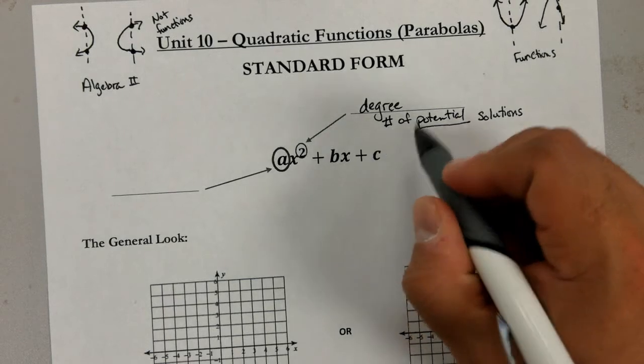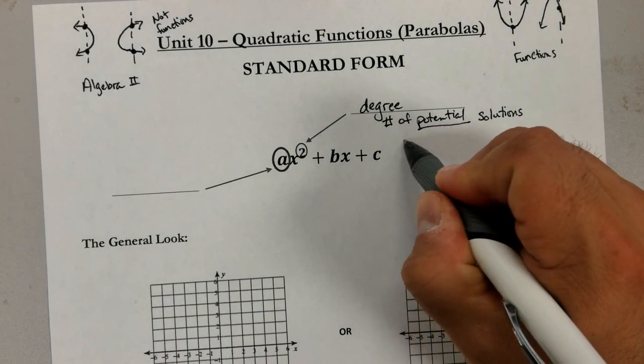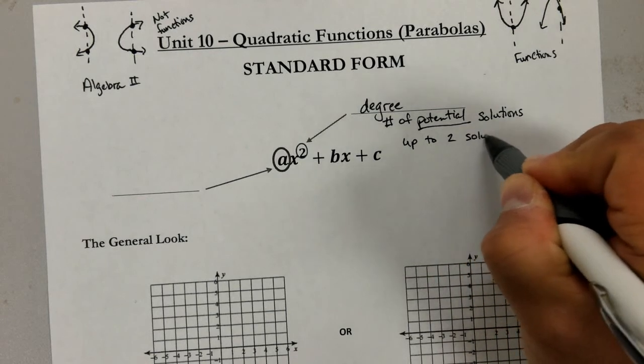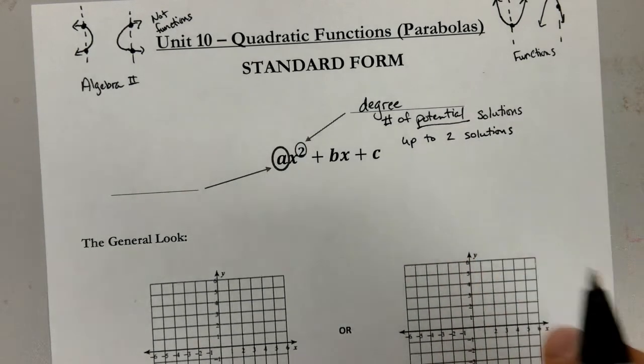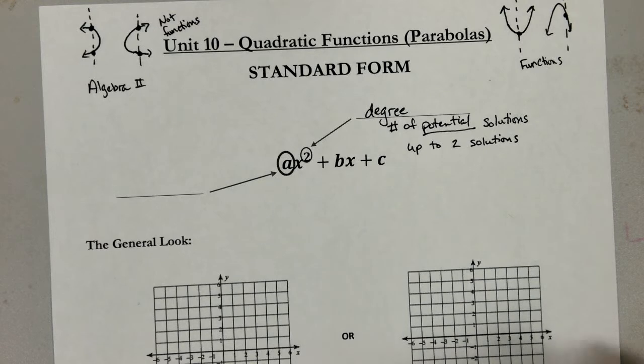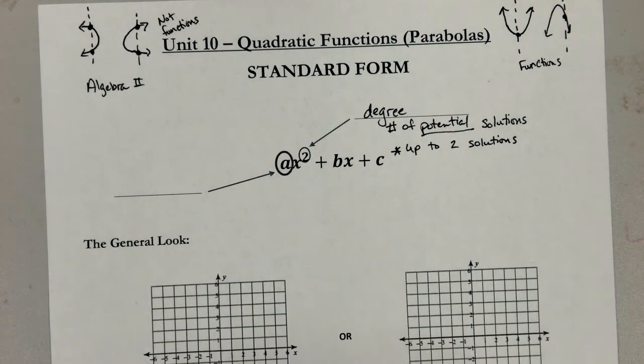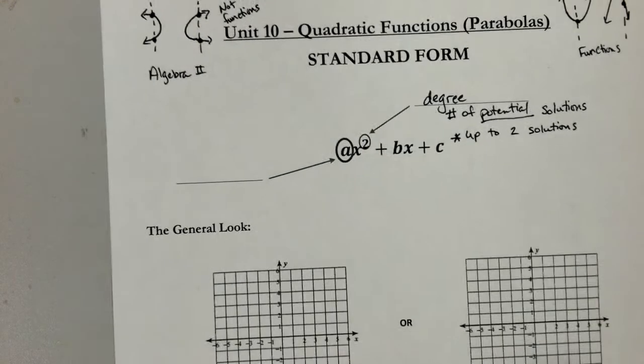But know that quadratics can have up to 2 solutions. Some of them can have 1 solution, and some of them can have no solutions. We'll see what that means, and it's pretty easy to see on a graph. But right now, just take my word for it that there could be up to 2 solutions, but no more than 2, which is nice.